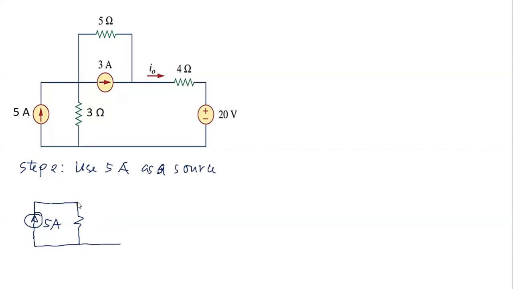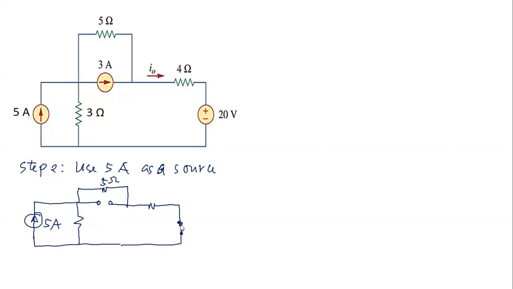To set the 3 amperes to 0, we replace it with an open circuit, and then we have the 5 ohms across the open circuit, and the 4 ohms, and the voltage source is replaced by a short circuit.